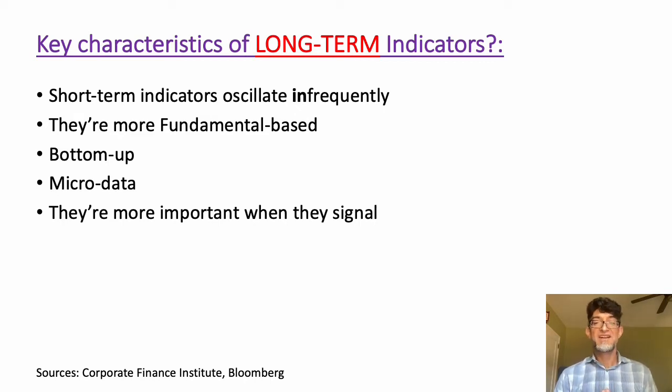So think of when you were in school, you studied microeconomics and macroeconomics. And to me, they're more important when they signal. I think we should stress that right away, before we even get to the end of this presentation: for me, they're more important when they give a signal.